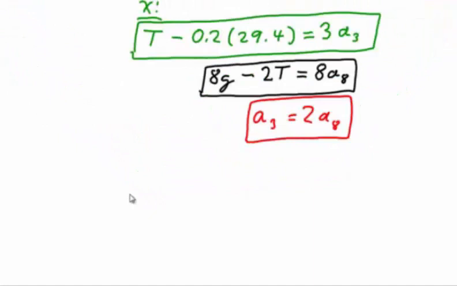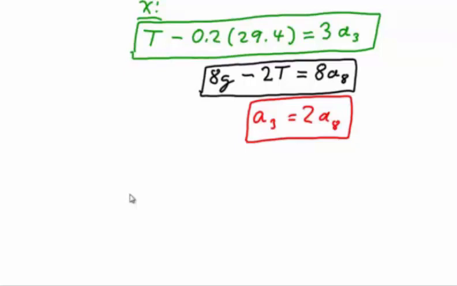When we bring these three equations together, we see we have three equations in three unknowns: tension, A3, and A8. Although, because of the compound pulley, the algebra will be slightly more difficult, it's not that much more difficult than a typical problem.